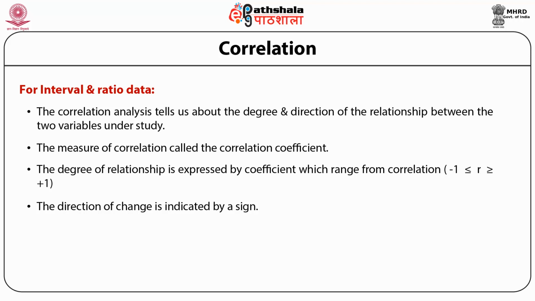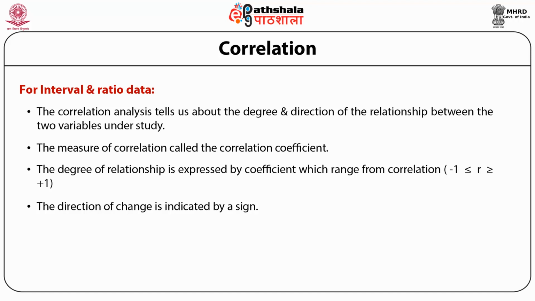And the sign of the Pearson's coefficient of correlation signifies the direction of the relationship. The positive sign signifies that there is a positive relationship, and the negative sign signifies there is a negative relationship. Positive relationship means that variations in both the variables are occurring in the same direction.